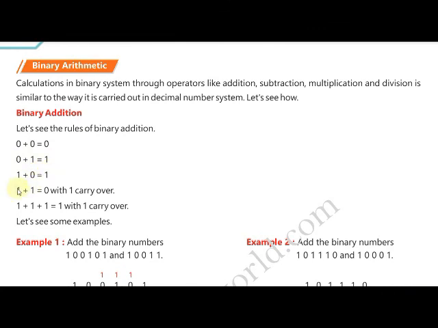Then the third one is 1 plus 1. That means you're going to use the addition of two true values, 1 plus 1, then what will be the result? That is 0. That means it's not wrong, it is correct, it's true, but here we have to carry 1. That means the result will be 0 with carry 1. Okay, understand?